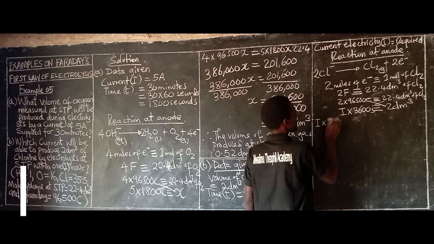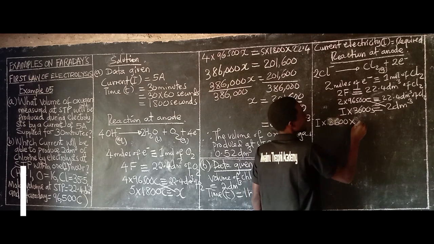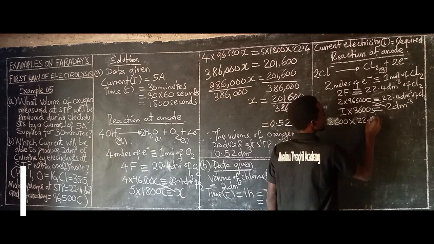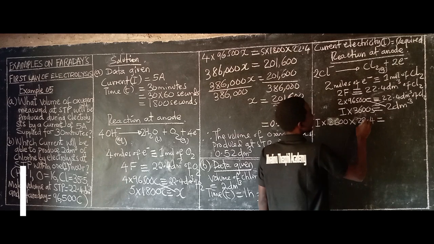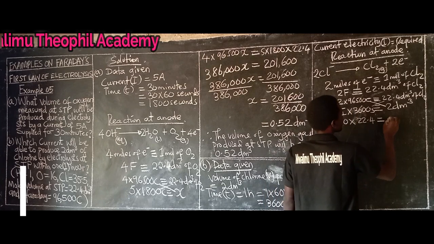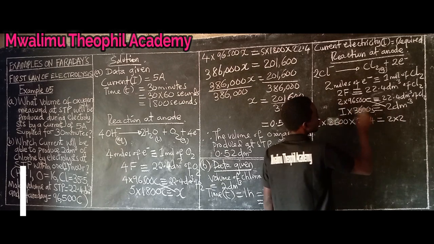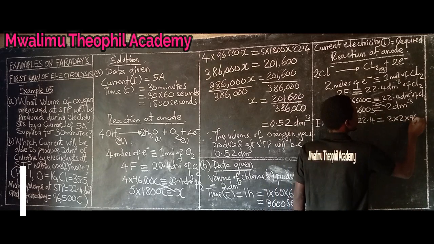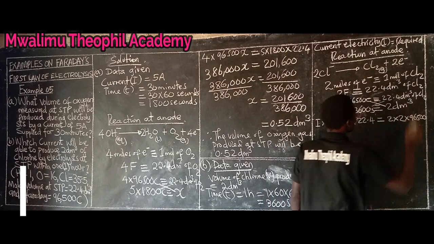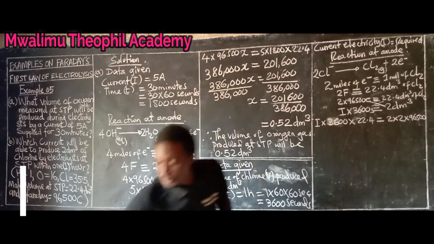We take I times 3,600 seconds times 22.4 decimeter cubic, which will be equal to 2 times 2 times 96,500 coulombs.